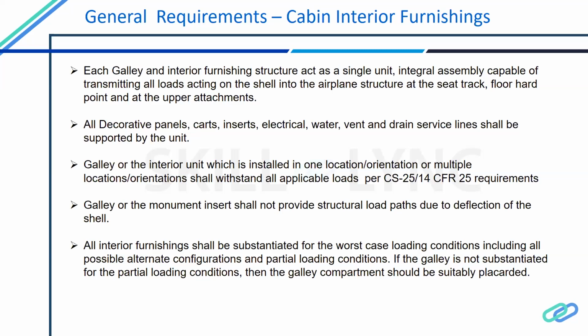The product that you are developing, which is a cabin interior product, should show compliance to CS25 rules and regulations. If you Google CS25 rules and regulations, it is divided into so many sections, subparts and parts.